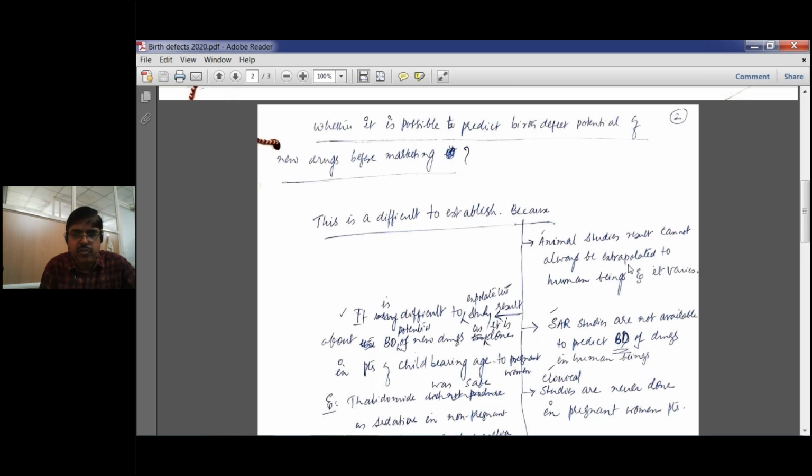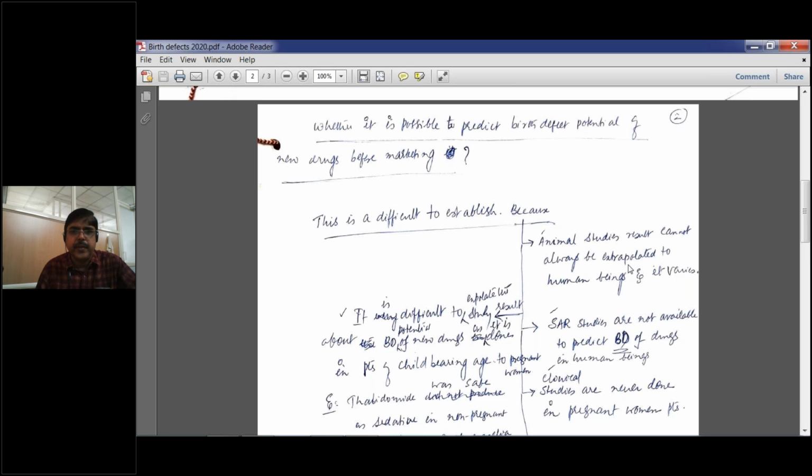That is the limitation actually. So whatever the animal studies carried out may become true in human beings or may not become true in human beings. So it is very difficult to predict what is going to happen in human beings.